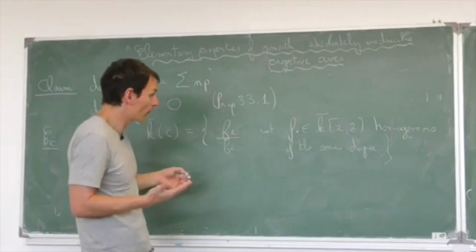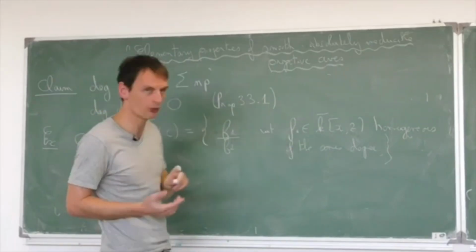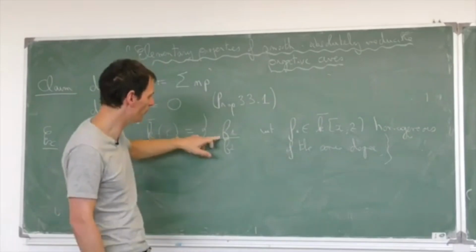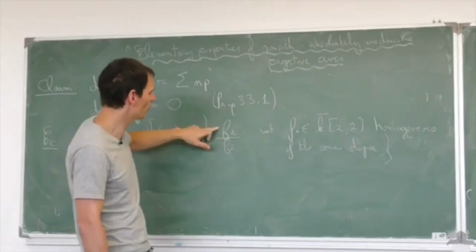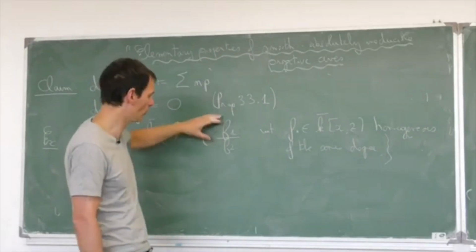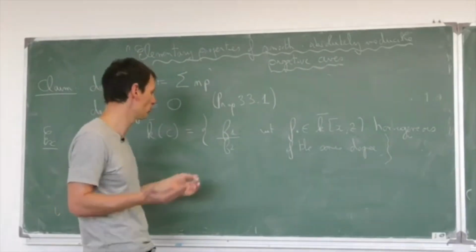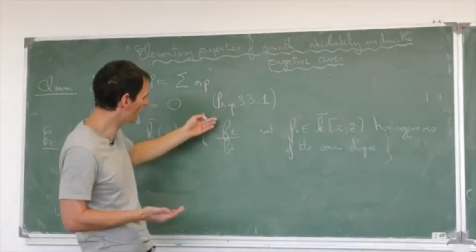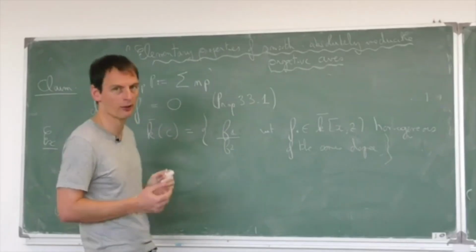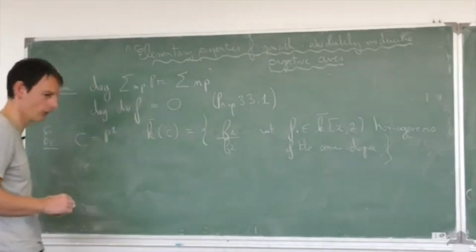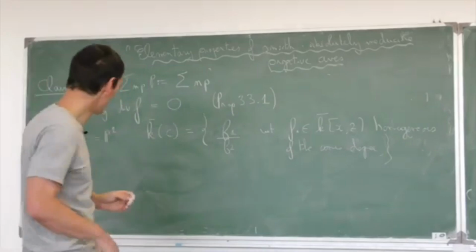And now what? They are homogeneous of the same degree. And that's a nice point, because if they have the same degree, it means that the number of zeros of f1 and the number of zeros of f2 are the same. And if they are the same, it means that there are as many zeros as there are poles for these functions.